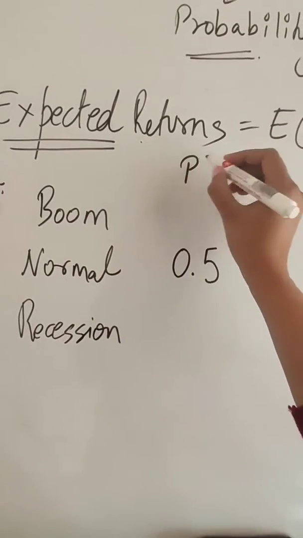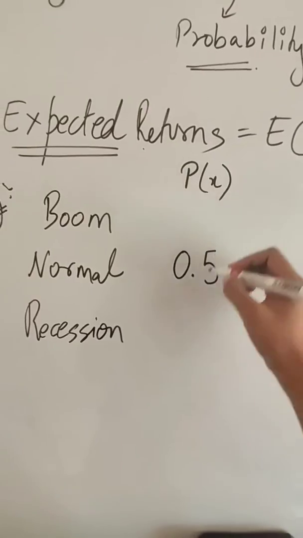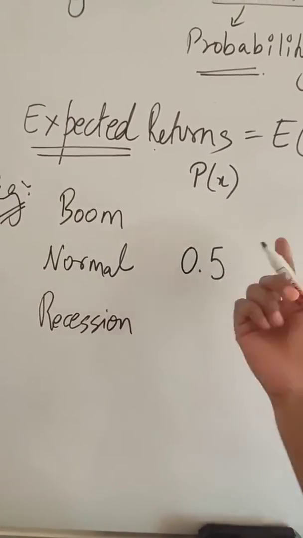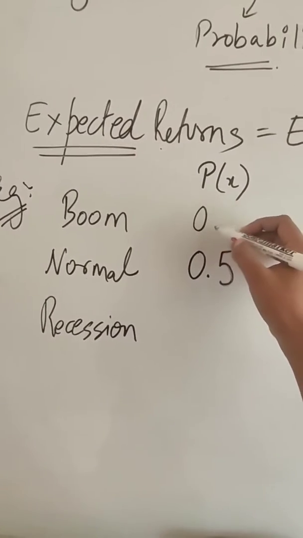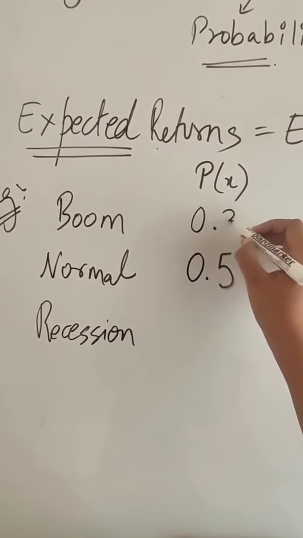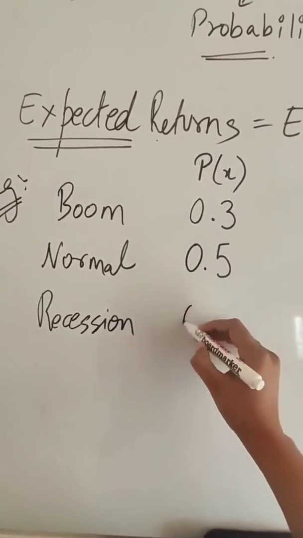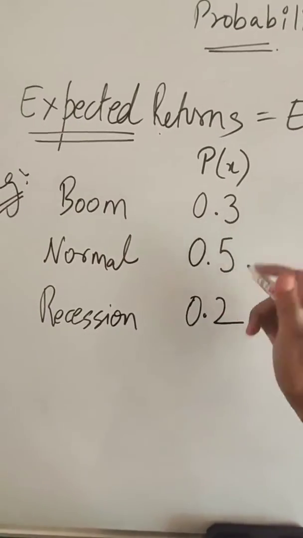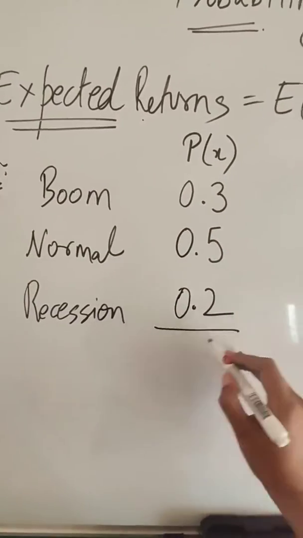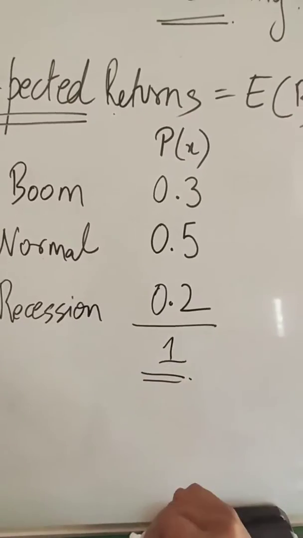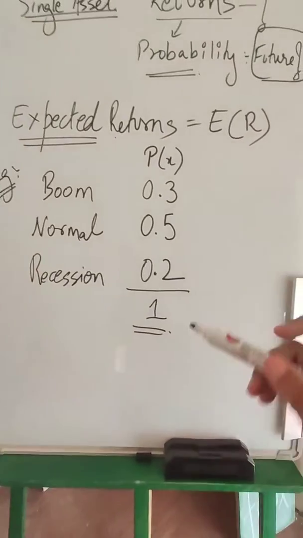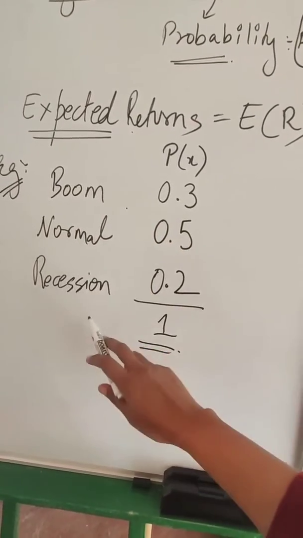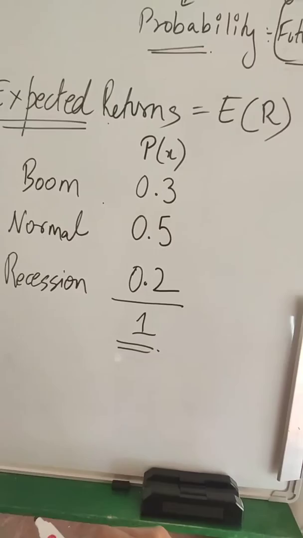This is the probability that I am marking down. Being a boom will be say probability 0.3, and being a recession is probability 0.2. You can note that the addition of all the probabilities will always be 1. Fine. So this is the probability of happening of boom, this is the probability of happening of normal, this is the probability of happening of a recession.